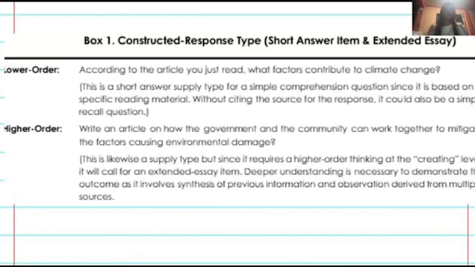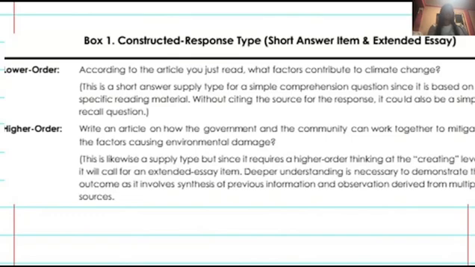So for the higher order, write an article on how the government and the country can work together to mitigate the factors causing environmental damages. So this is likewise a supply type, but since it requires higher order thinking at the creating level, which is the highest, it will call for an extended essay item.